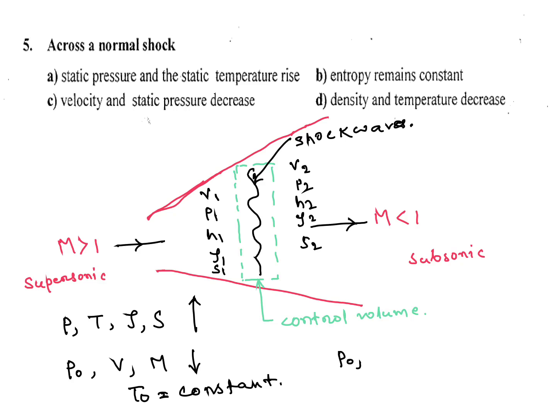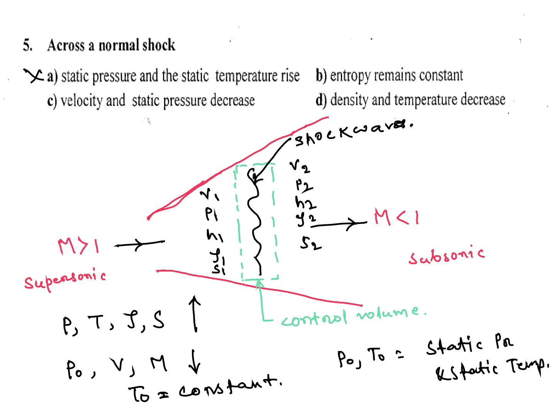P0 and T0 are the stagnation pressure and stagnation temperature. So in this question, across a normal shock, static pressure and static temperature rise. Option A says static pressure decreases and static temperature is constant, so A is not possible.